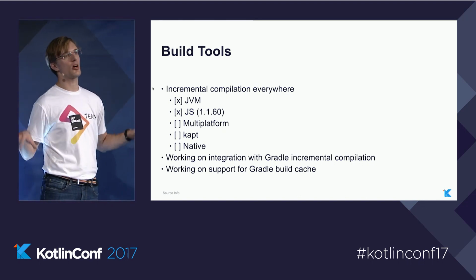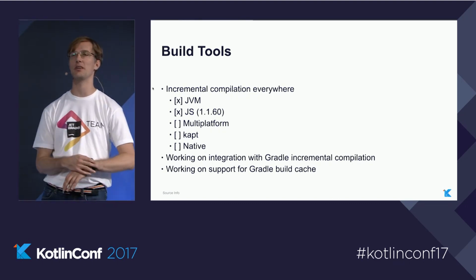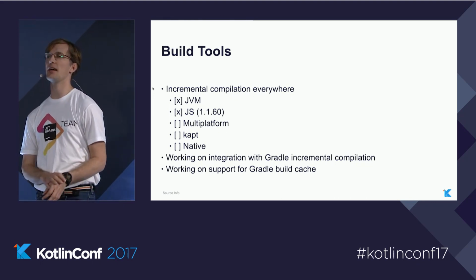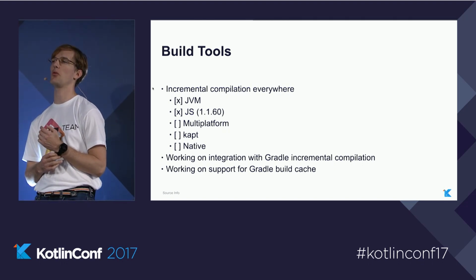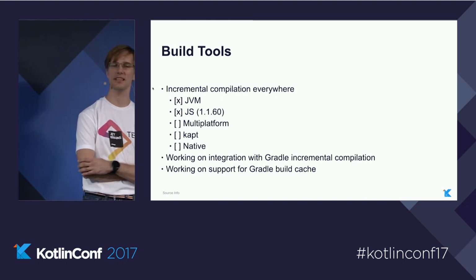We want to support incremental compilation for all targets that we have. We've had JVM incremental compilation for quite a while now. We are almost done implementing JavaScript incremental compilation, or entirely done, should I say, and this will be released as part of Kotlin 1.6.